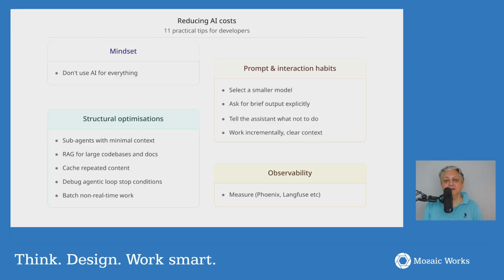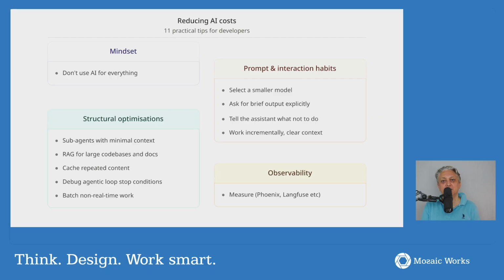And finally, another one, very interesting: batch, no real-time work. You can set up jobs that are batch jobs when you call the Anthropic API, which means that if you have things for which you don't need immediate output, you can instead specify, I need to summarize these 100 documents, but I don't need an immediate answer.